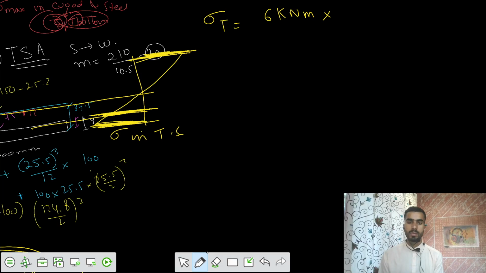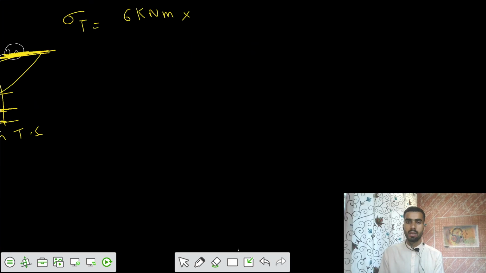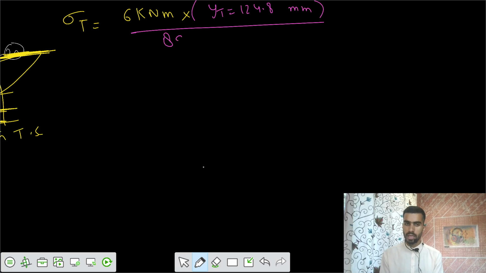Value of y top from the neutral axis was 124.8 mm divided by I neutral axis, 89.5790 into 10 to the power 6 mm to the power 4. So you got the stress value of 8.42, and we can say this is compressive stress on the top, negative.